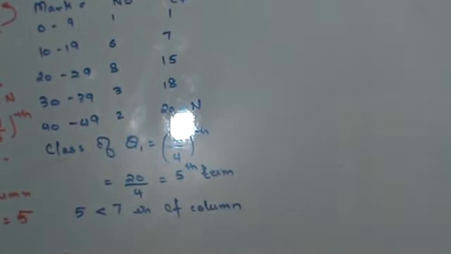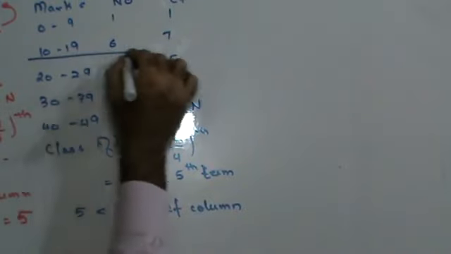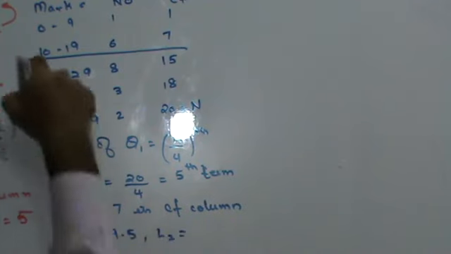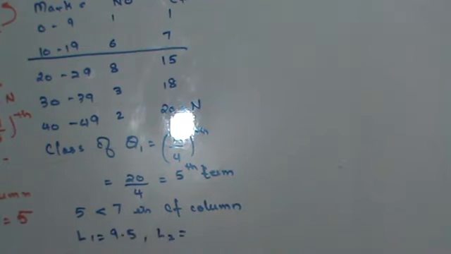Since the class interval is not continuous, you will reduce the lower limit by 0.5 and increase the upper limit by 0.5. So L1 instead of being 10 will become 9.5, and L2 instead of being 19 will become 19.5.